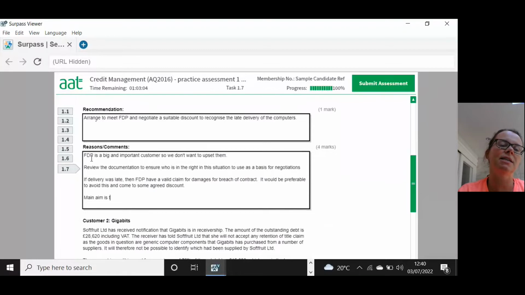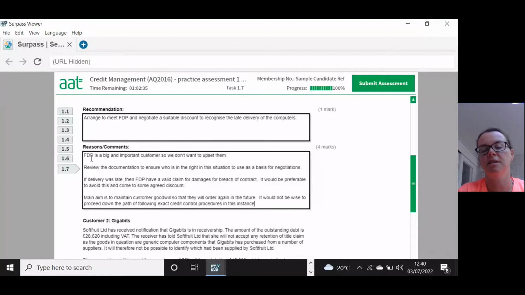The main aim is to maintain customer goodwill so that they will order again in the future. It would not be wise to proceed down the path of following exact credit control procedures in this instance.